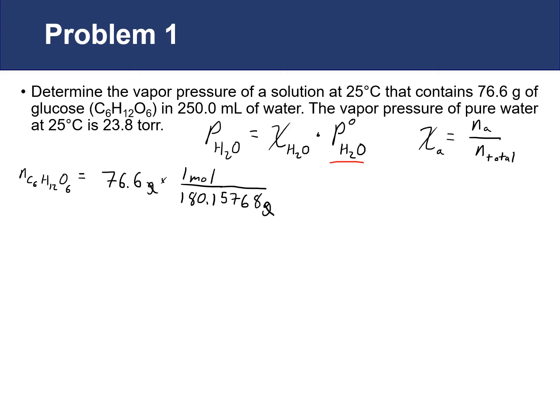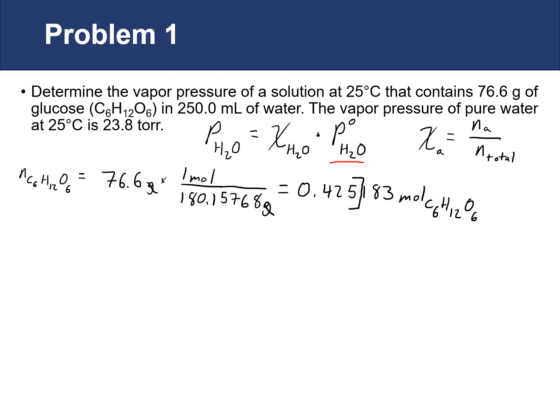Grams cancel out. This will give us moles of glucose. Plug this into your calculator, you will get 0.42583 moles of C6H12O6. In terms of significant figures, our first value has 3, our second value has a lot more than 3, and so that is where we will cut and round our value.